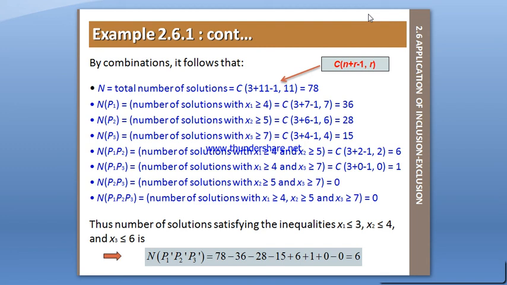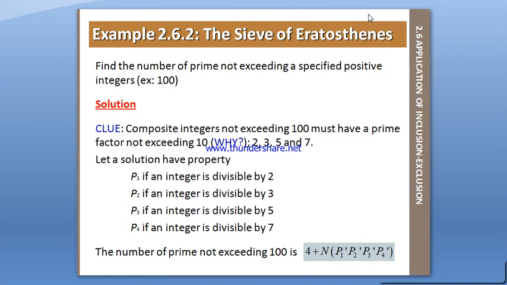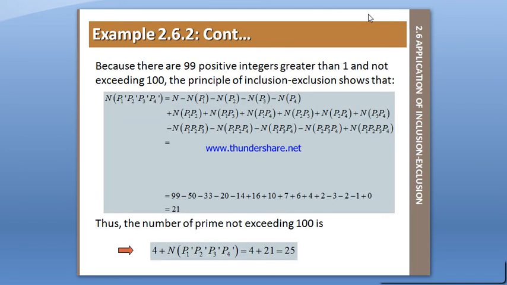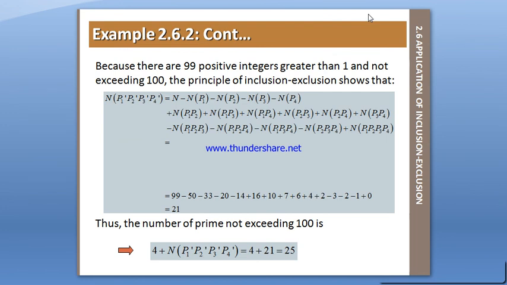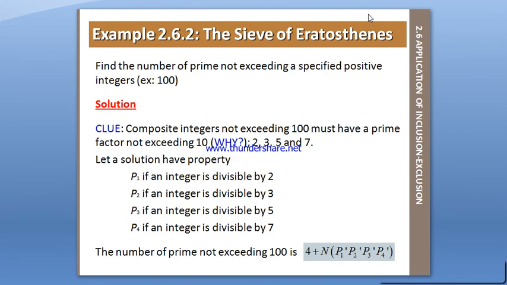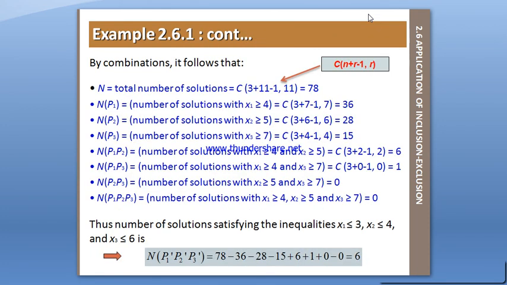Similarly, calculating all the other numbers of solutions with properties P1, P2, P3 and their combinations, and substituting in the formula, we get the total 21. Therefore, the number of solutions satisfying the given inequalities is equal to 6.